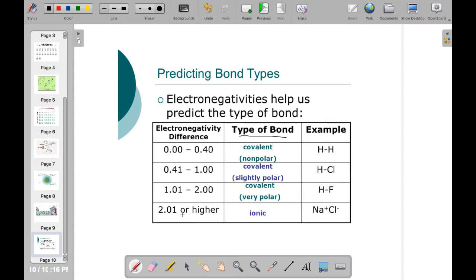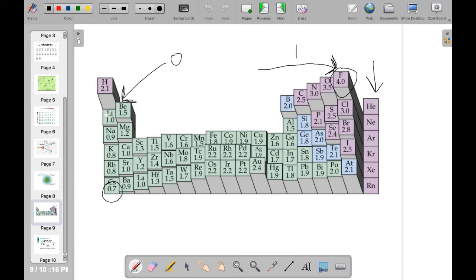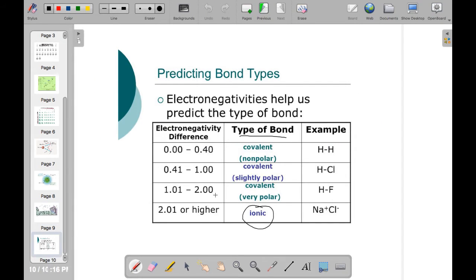If there is a 2.01 or higher around about, it's going to be an ionic bond. Well, lithium and fluorine, that's 3 right there. The difference is 3. So if I look down here, that's got to be an ionic bond. I already know it's going to be ionic.